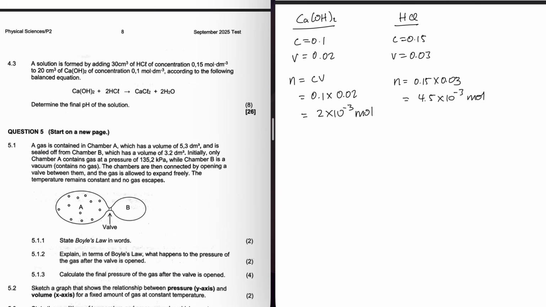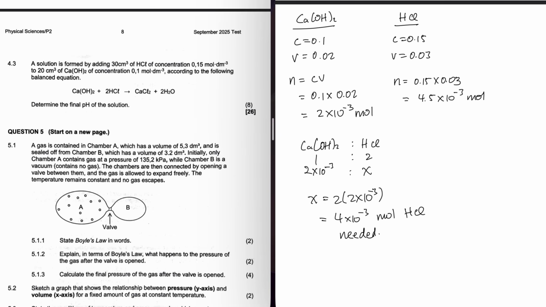So we'll do a ratio of calcium hydroxide to HCl. Now imagine we don't know one of them. So it's 1 to 2. So then 2 times 10 to the minus 3, and let's call that x. So x is going to equal 4 times 10 to the minus 3 moles of HCl that is needed.